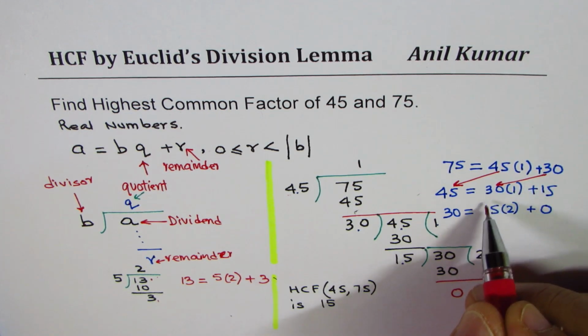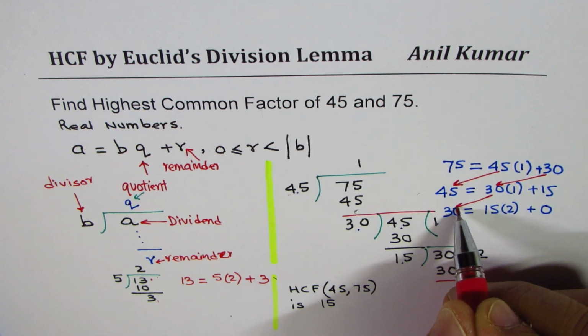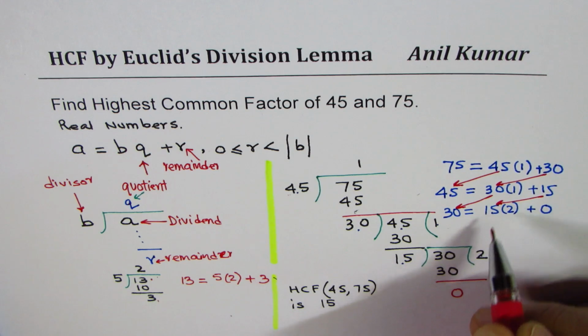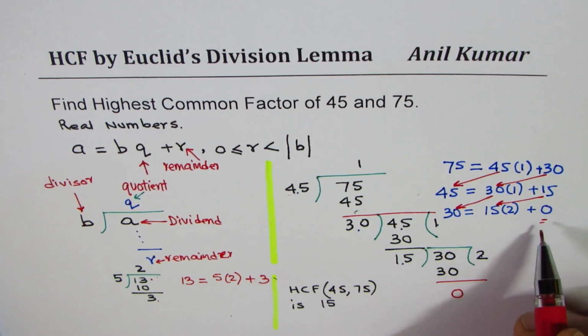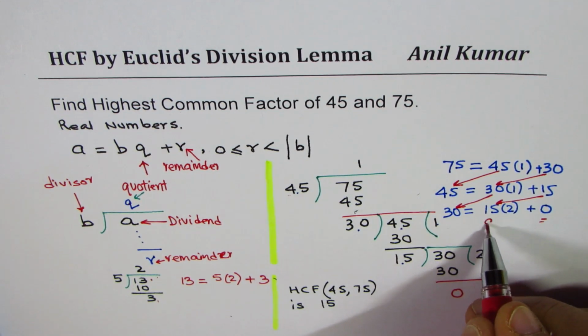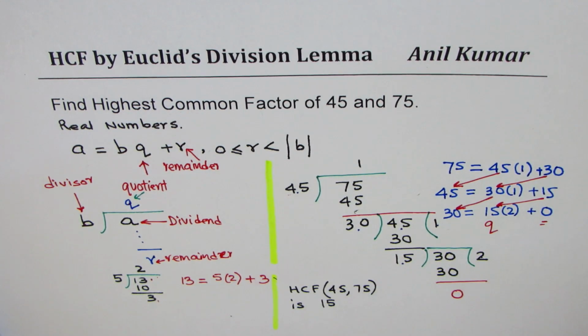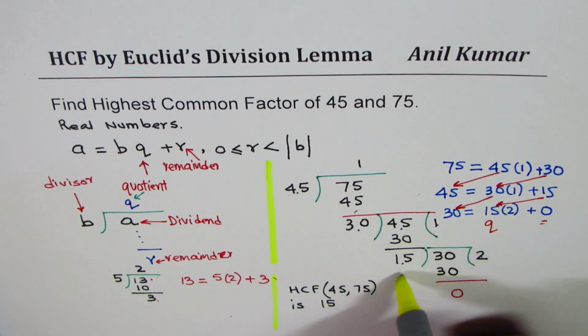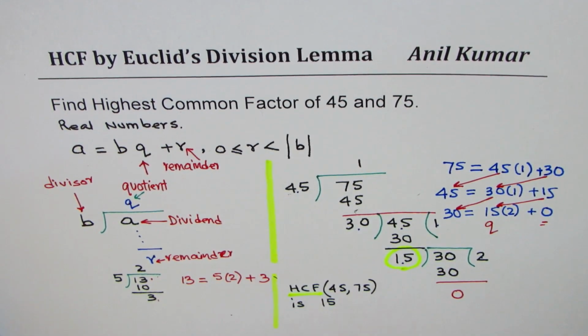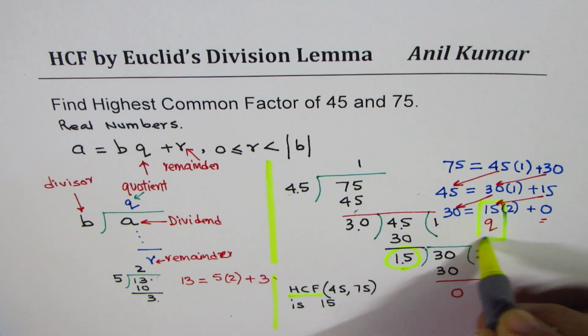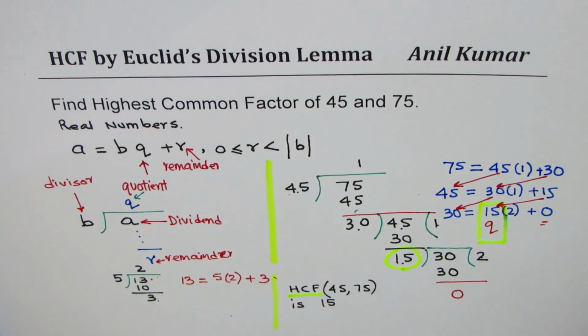This continues until the remainder is 0. Once the remainder is 0, then the divisor, which in our case is 15, becomes the highest common factor. Do you see that? So that is how we get the highest common factor using Euclid's division lemma.